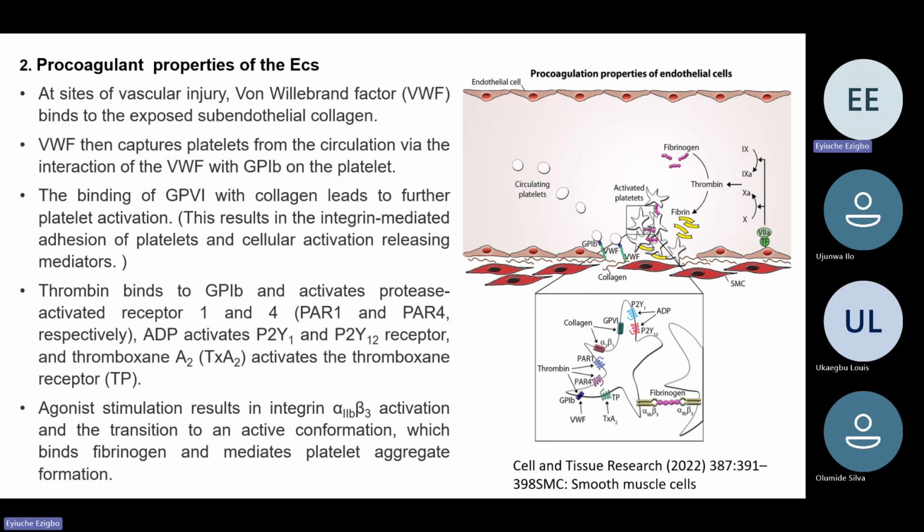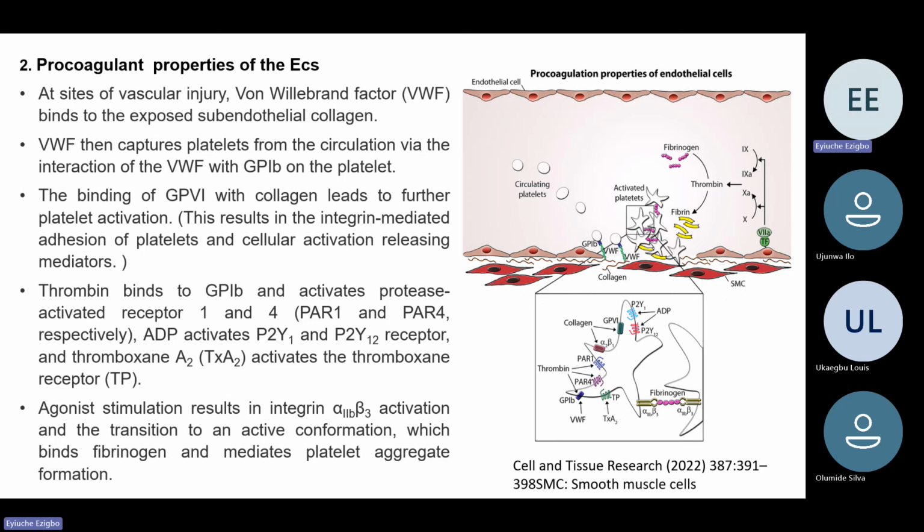Von Willebrand factor captures platelets from the circulation via interaction with glycoprotein 1b on the platelets. The binding of glycoprotein 6 with collagen leads to further platelet activation. This results in integrin-mediated adhesion of platelets and cellular activation, releasing mediators.